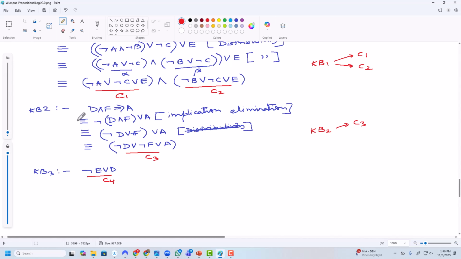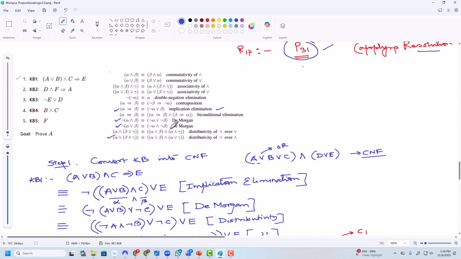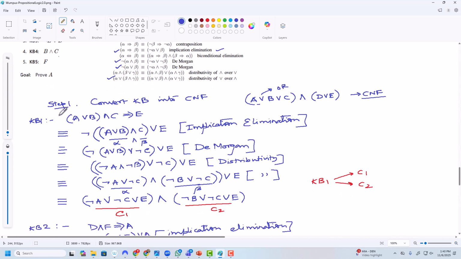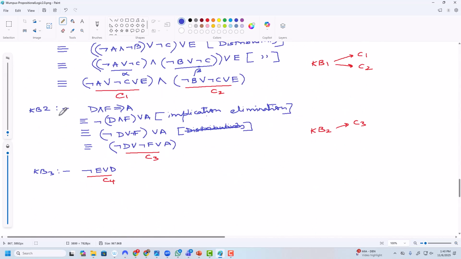Then we will see what's the next one. Next one is KB4, which has clause B and C. KB4 gives you B and C. So from this we can get two clauses by AND elimination, which is basically equivalent to saying B and C separately.